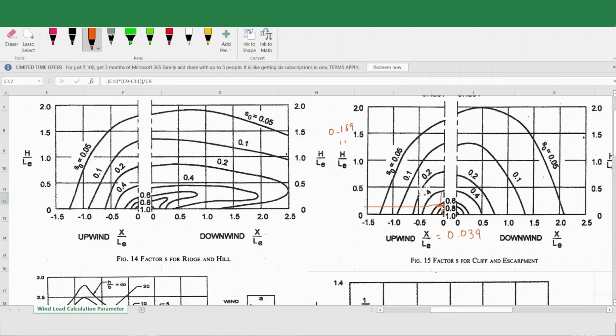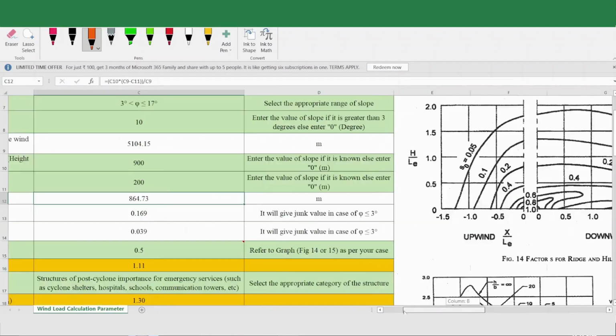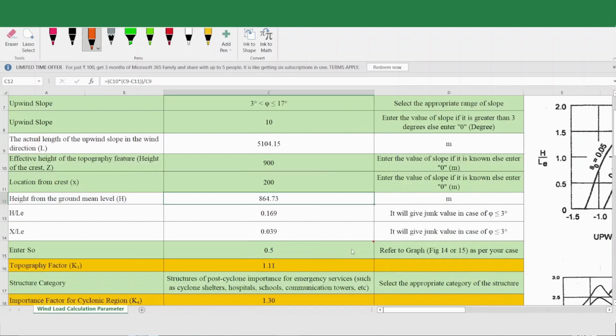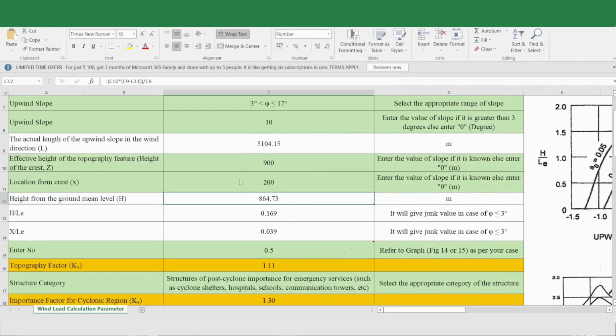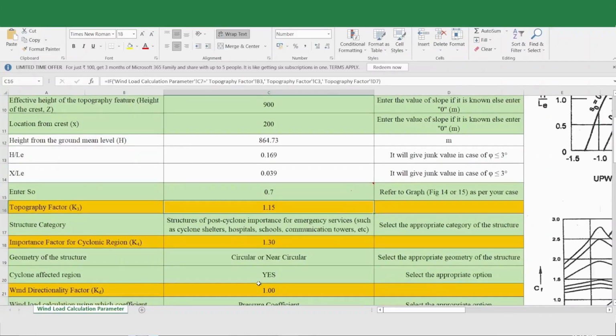So it will lie between these two contours, that is 0.06 and 0.08. So let's take this value as 0.7. Enter 0.7. So it automatically calculated the topography factor.